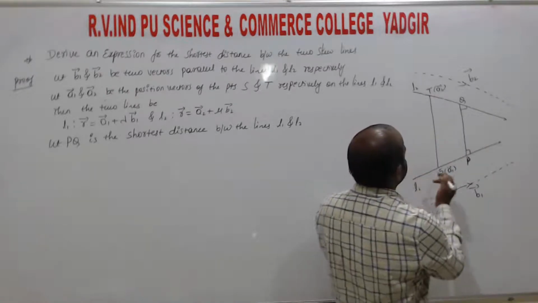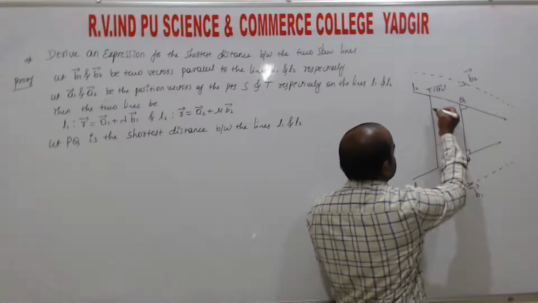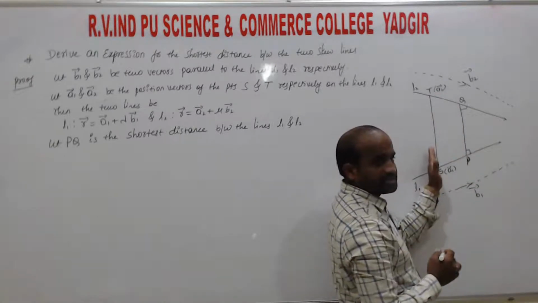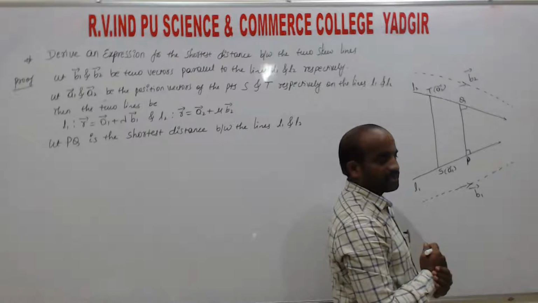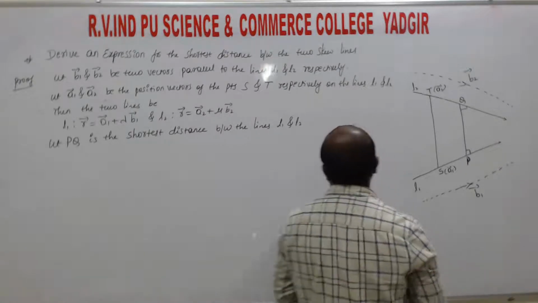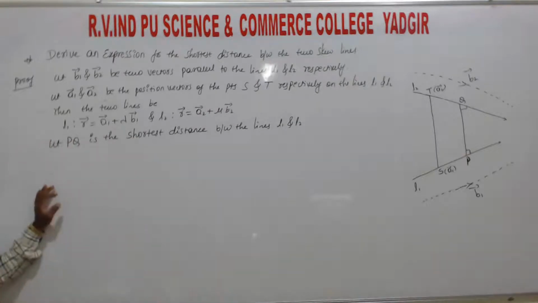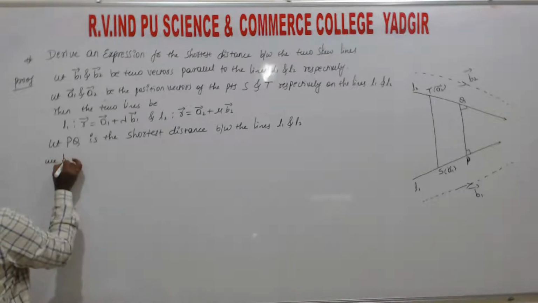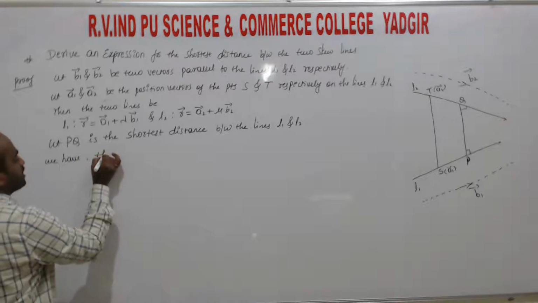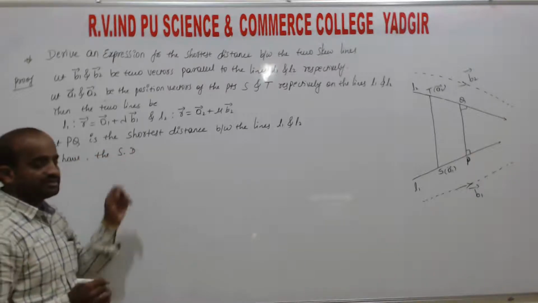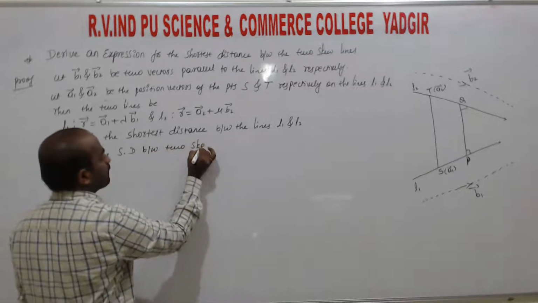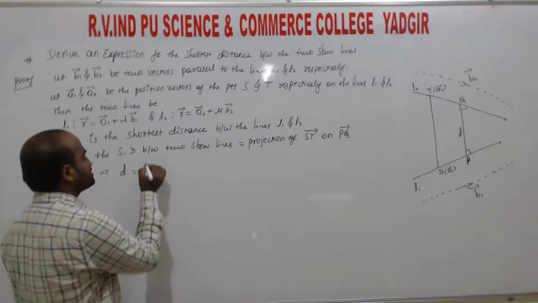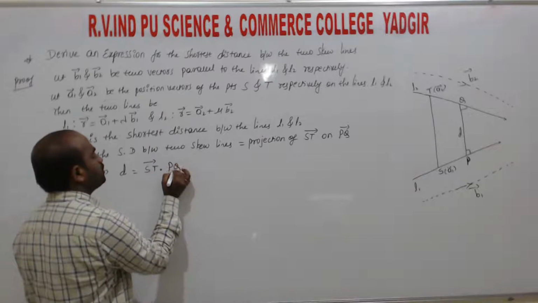The projection of A on B is A vector dot B vector divided by the magnitude of B. So the shortest distance between two skew lines can be written as ST vector dot PQ cap.